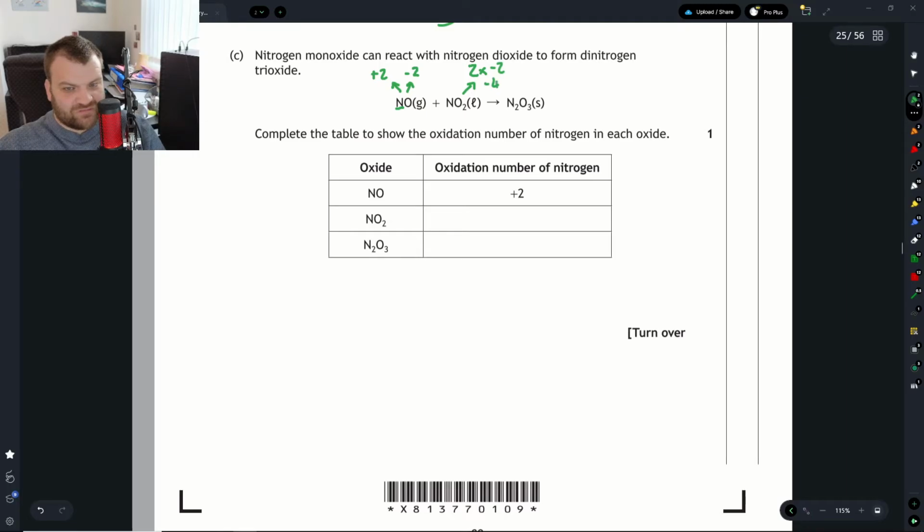If we've got -4 on that side, the nitrogen in this case has to be +4. Put that in there. Here we've got 3 times our -2, overall -6. That is split across 2 nitrogens. That means each nitrogen has to be 3 positive. And then we've got 2 of them, which balances it out. So that has to be +3 as our answer.